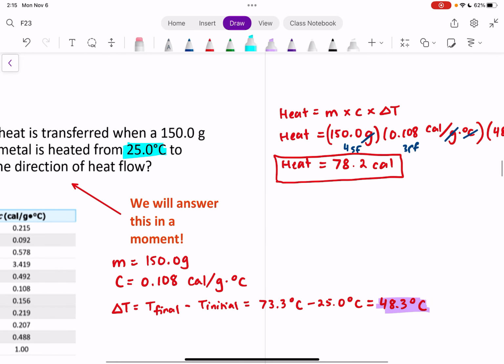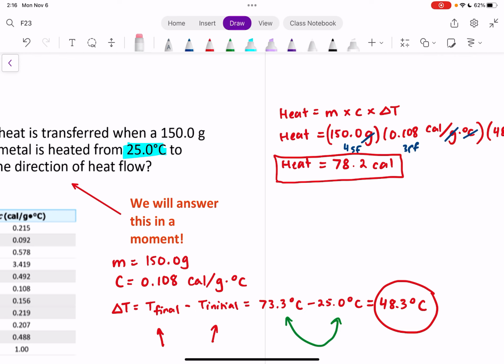When we calculate delta T, we're starting with a larger number for T final and subtracting a smaller number for T initial, and that results in a positive value. If these two were flipped, if we were cooling down our substance from 73.3 to 25, then we would have a smaller number subtracting a big number, and we would get a negative value here.